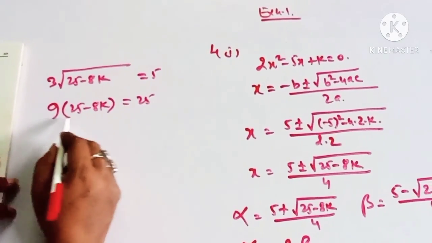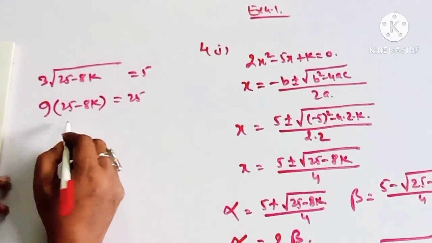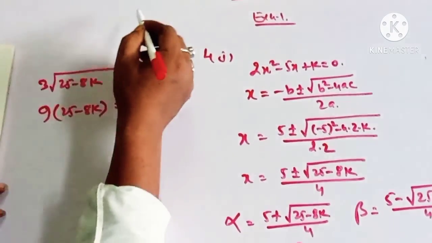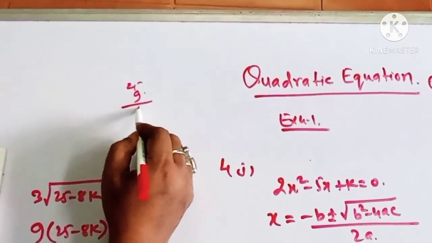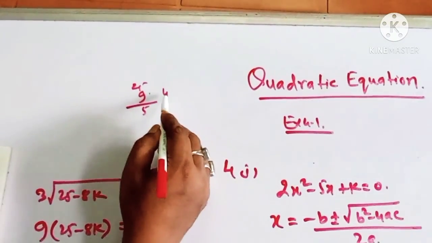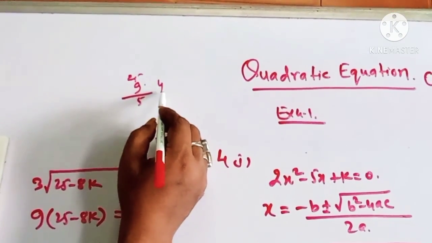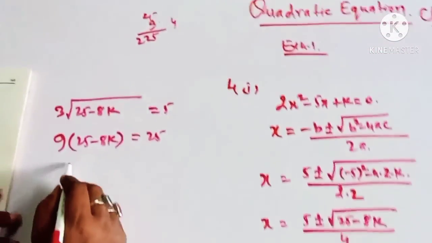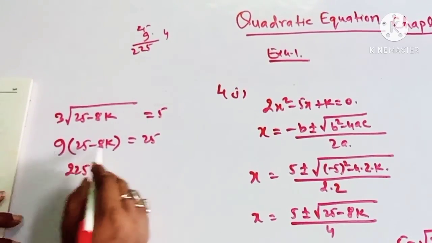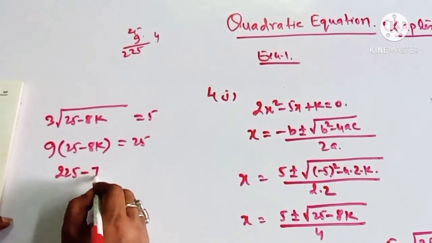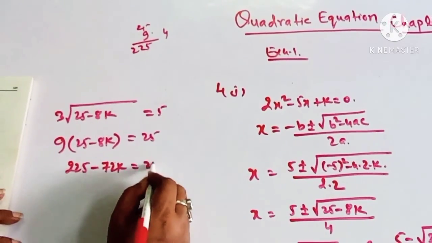So this is 9 into 25, that is 225, minus 72k, equal to 25.